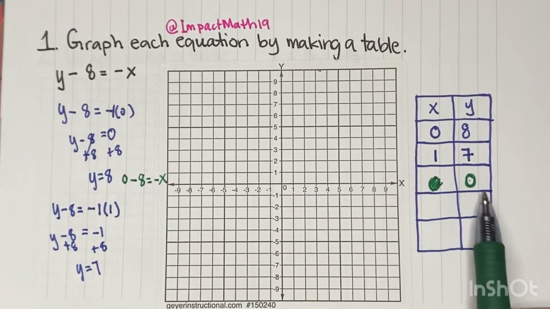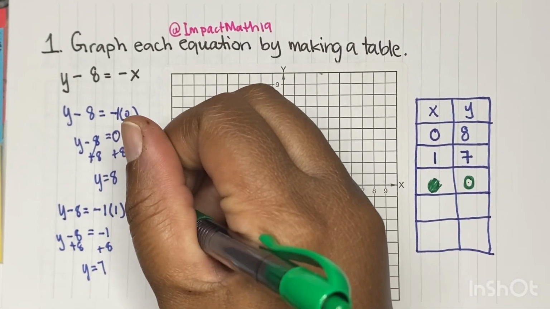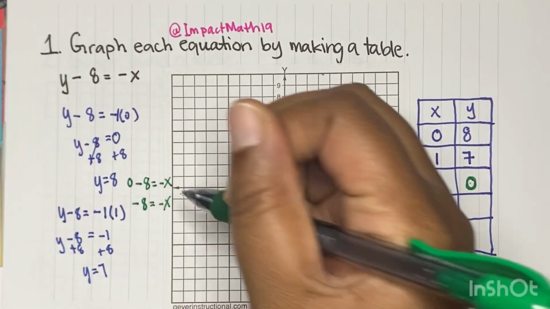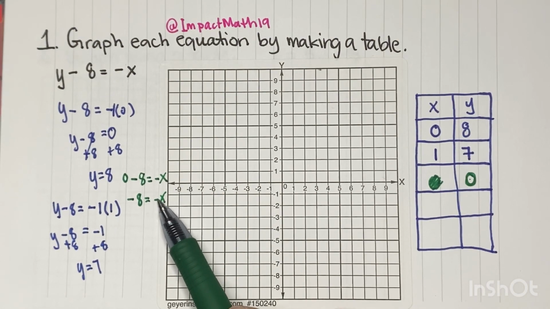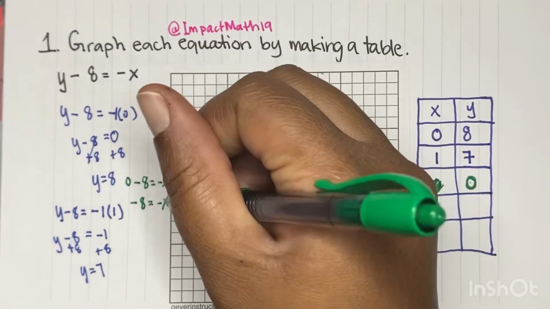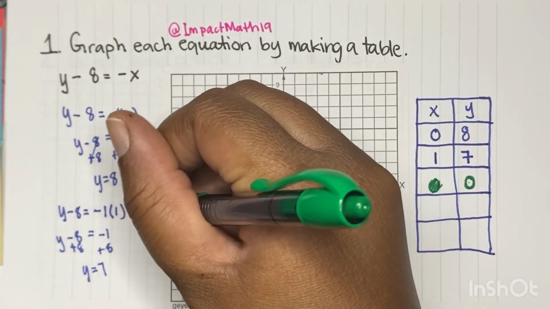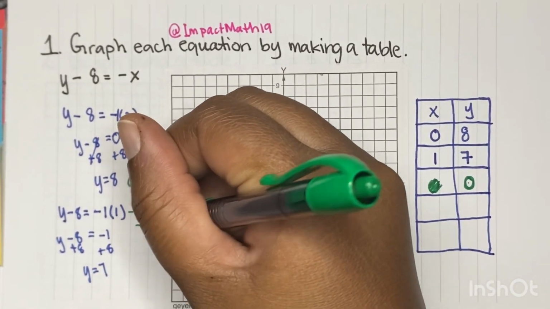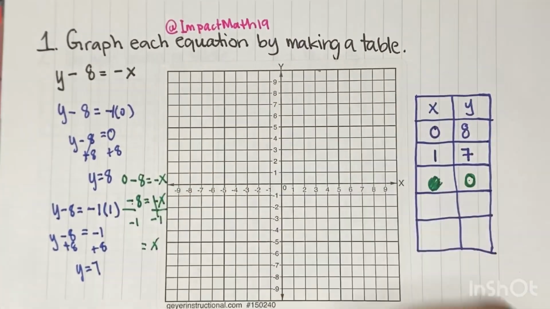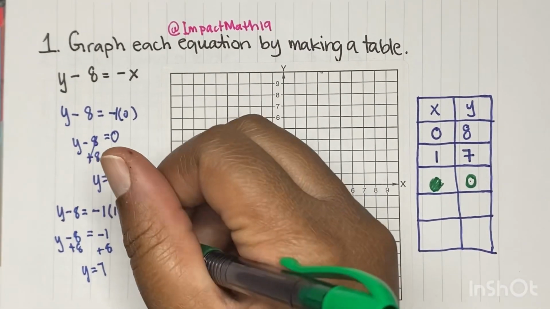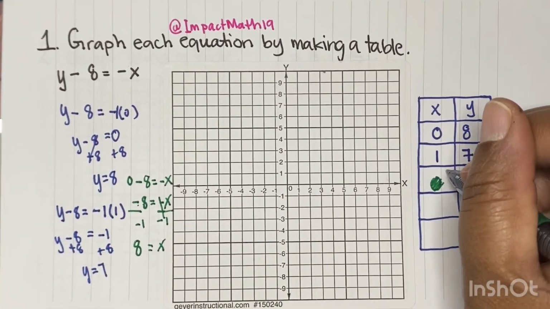Okay, see how I plugged in 0 for y? So 0 minus 8 is negative 8 equals negative x. Well, we're still not done because x is not by itself. It still has that negative 1 attached to it, and it's attached by multiplying. So we have to undo it with division. And so x equals a negative divided by a negative is always a positive. And so we would get 8 divided by 1 is 8. So we would end up with 8 here.